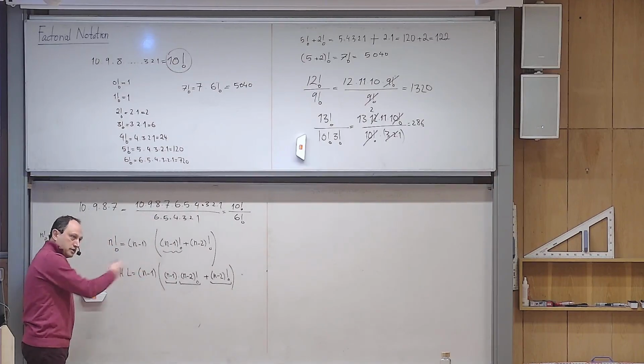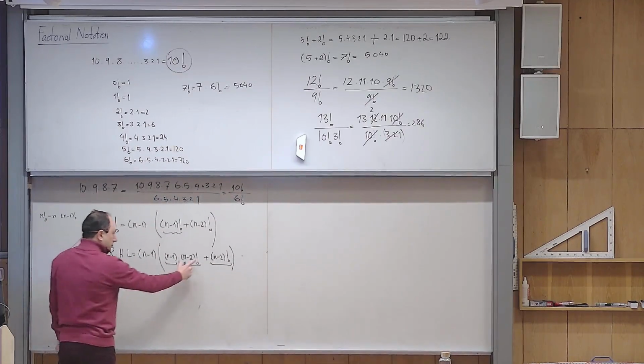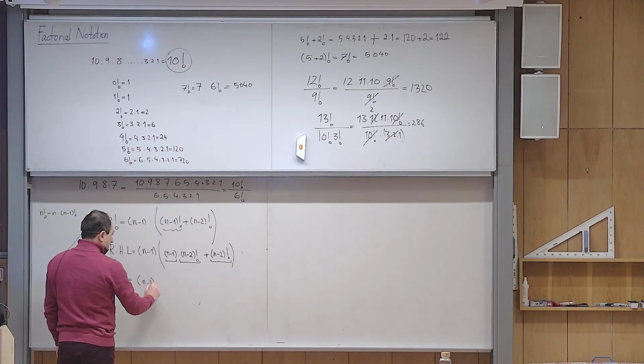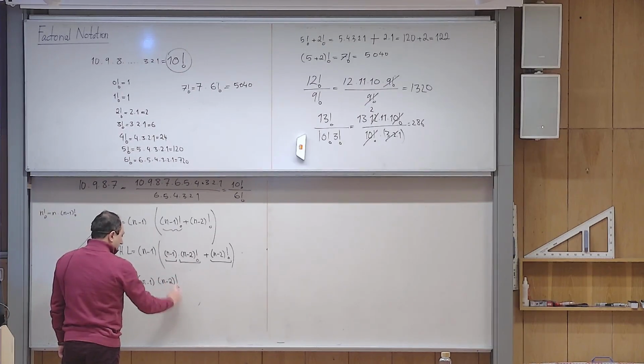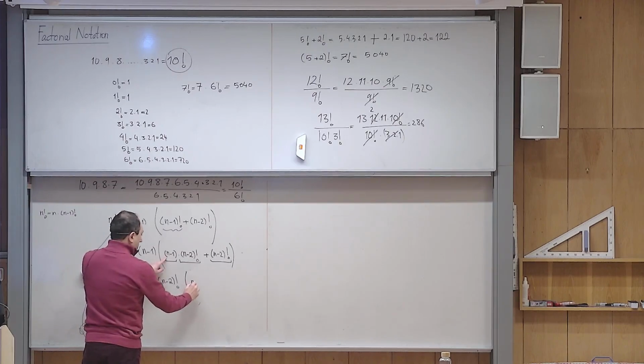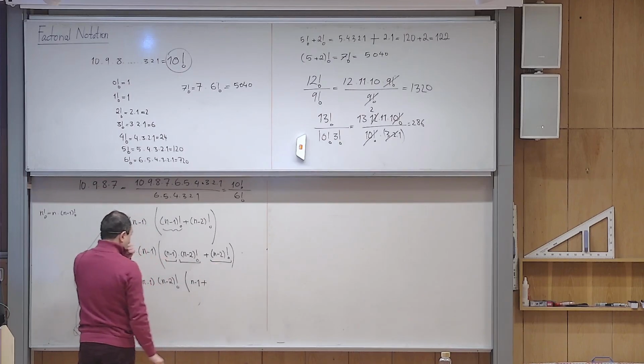So I can factor this out. That's just a number, so I take this number out. N minus 1 is already there. I pull this out, n minus 2 factorial is here now, and then what is left? N minus 1 from this one is left, plus, what is left here? 1.